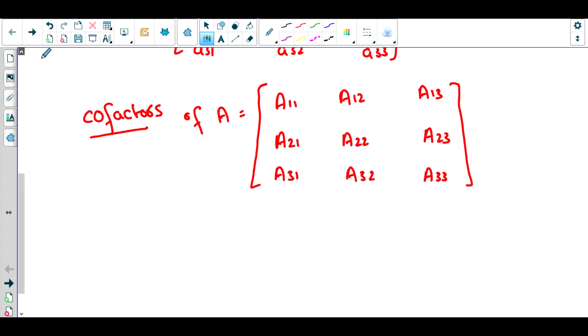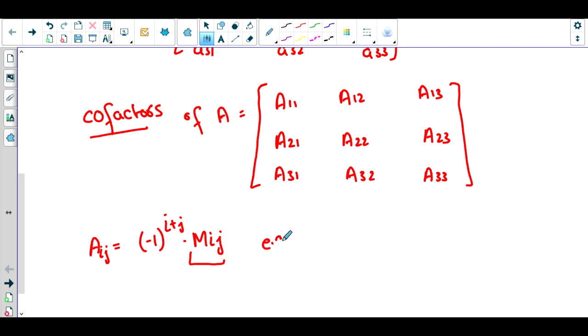You can check that, but as a shortcut, the cofactor formula is (-1) power i plus j, multiplied with the minor Mij. And how to find Mij? We remove the ith row and the jth column.